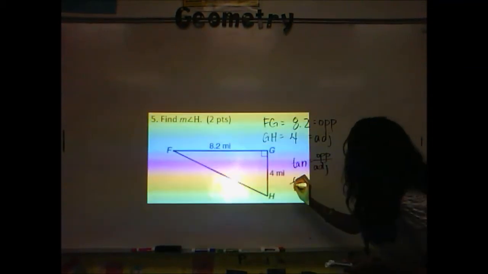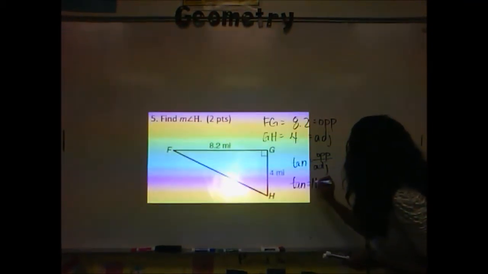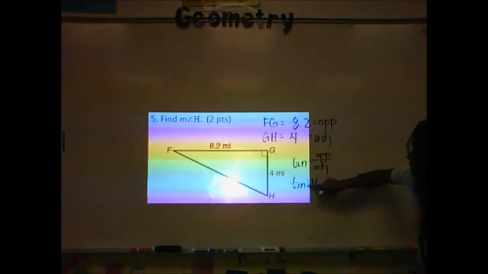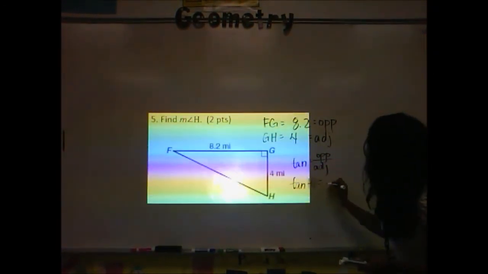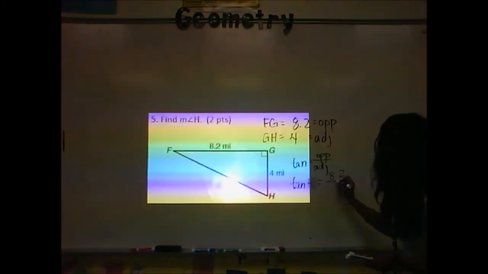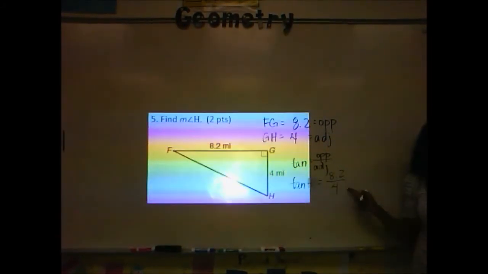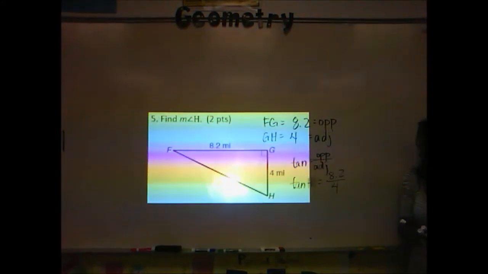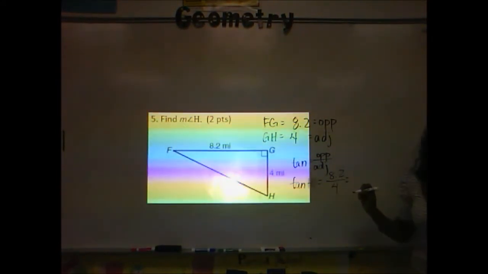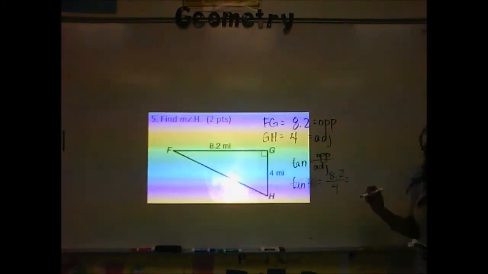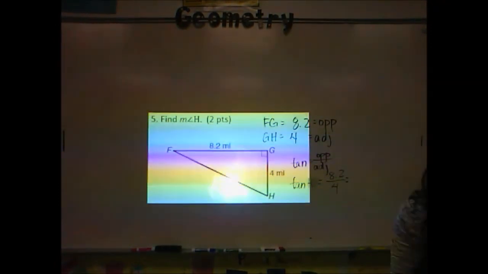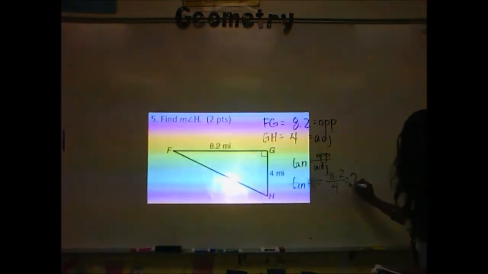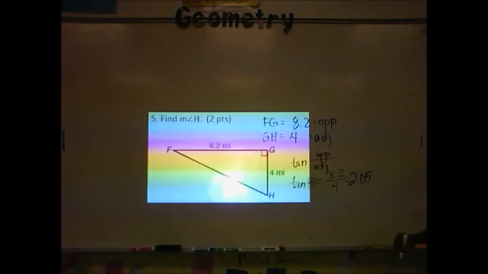So the tan of H is equal to 8.2 over 4. Find the decimal of this and tell me what you get. 8.2 divided by 4 is 2.05.